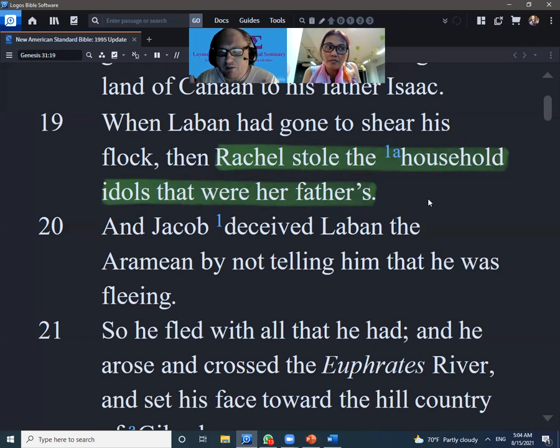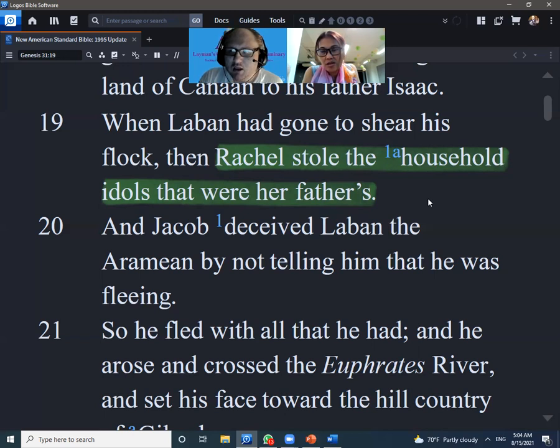I mean, we know about the prophecy about two nations being in the womb. It seems like God is using Laban so that Jacob can have inheritance, just to prosper Jacob. Yes, that's exactly what's happening.